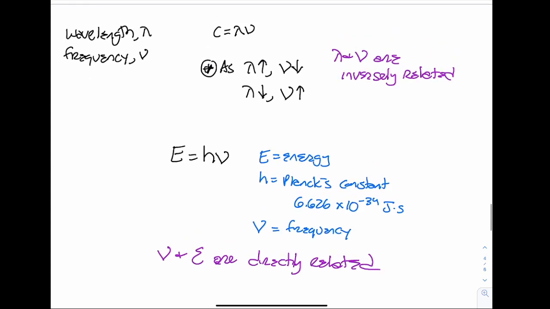If we go back up to this little list, we'll add energy in here: as my wavelength goes up, frequency goes down, energy goes down. As my wavelength goes down, frequency goes up, and energy goes up.